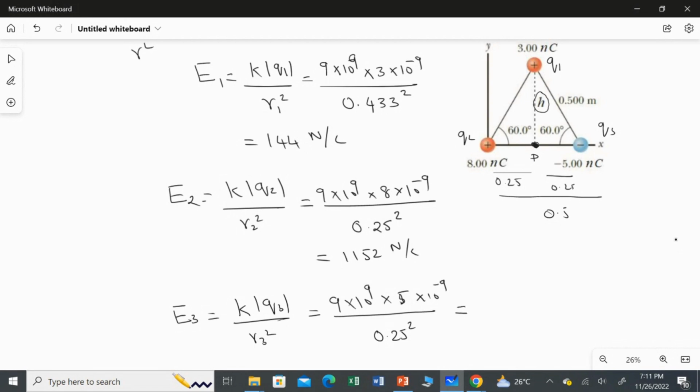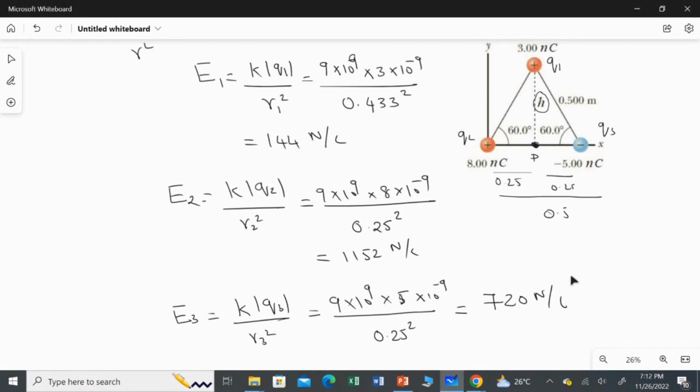Let's see the answer. 9 times 10 power 9 multiplied by 5 times 10 power minus 9 over 0.25 square. I got 720 Newton per Coulomb. Clear?